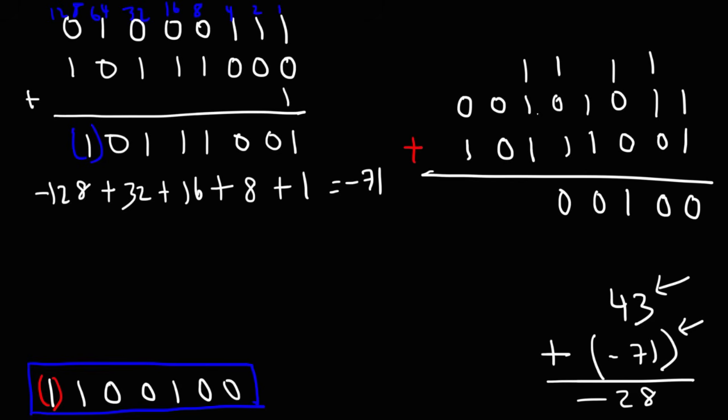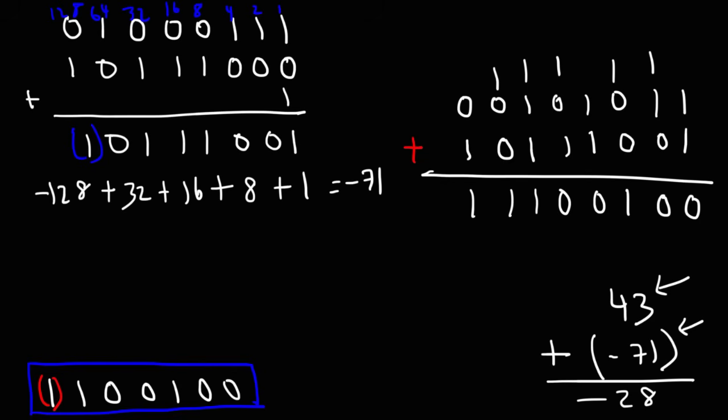Now we have 3 1s. So the first 2 1s will give us a 0 and a 1. And then the remaining 1 plus a 0 will give us a 1. So let's turn that into a 1. And then we have 1 plus 0, which is 1, and then 0 plus 1, which is 1.